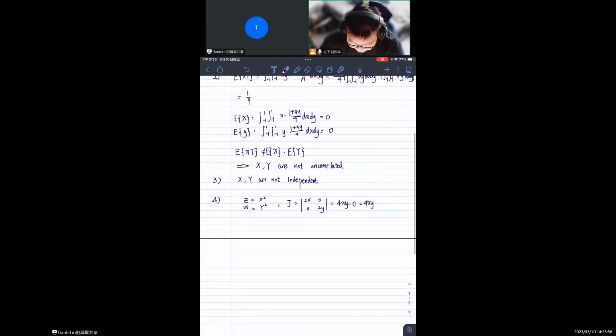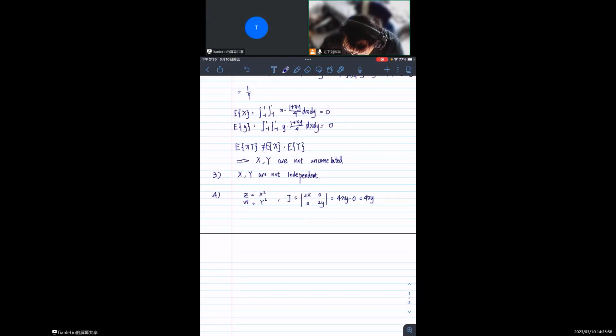Based on this, we can see the combinations of X and Y for Z and W: we will have four combinations, which means we will use the four combinations for the Jacobian in the next step.